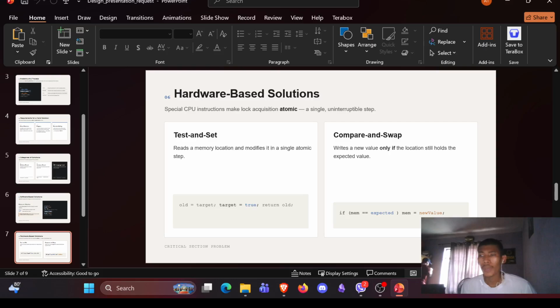If the old value was false, the process has acquired the lock. Another one is compare and swap. Compare and swap writes a new value only if the location still holds the expected value; otherwise it fails safely. These form the foundation of most real synchronization mechanisms.